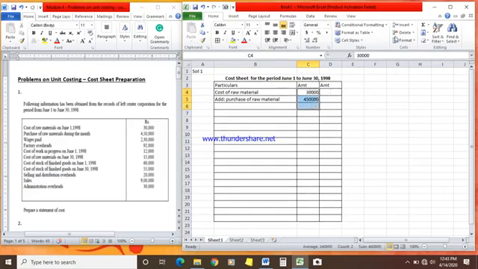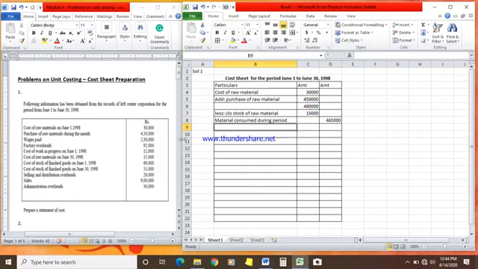So I get the total, that is 4,80,000, less the cost of raw material on 30th June, that is the closing stock of raw material, 15,000. By doing so, we come to know the material consumed during the period: 4,80,000 minus the 15,000. This is the amount of raw material consumed.